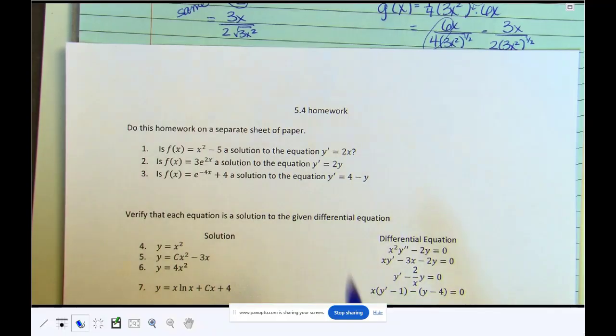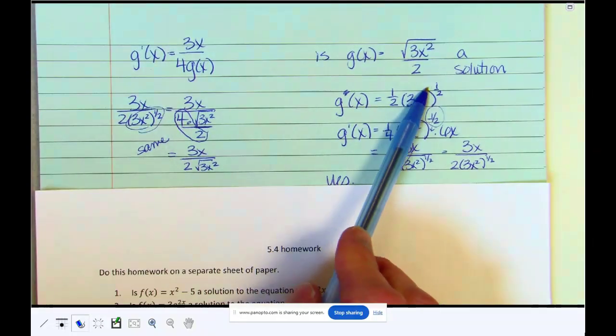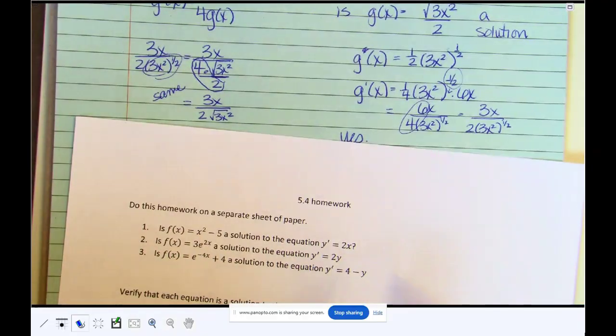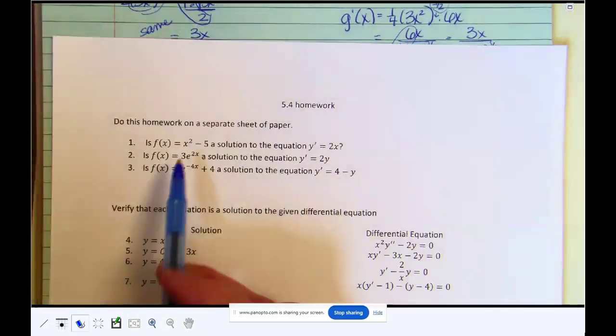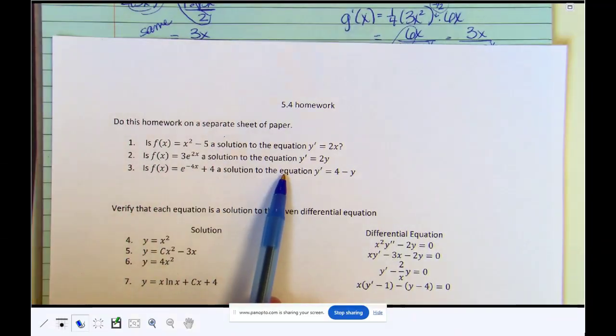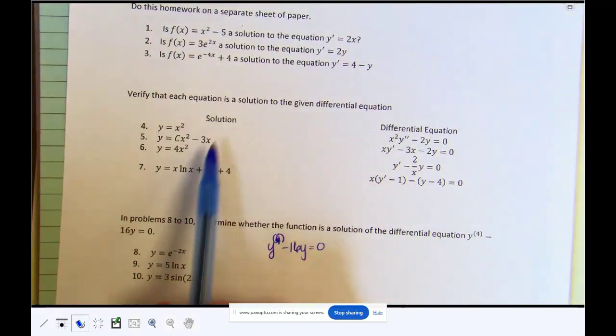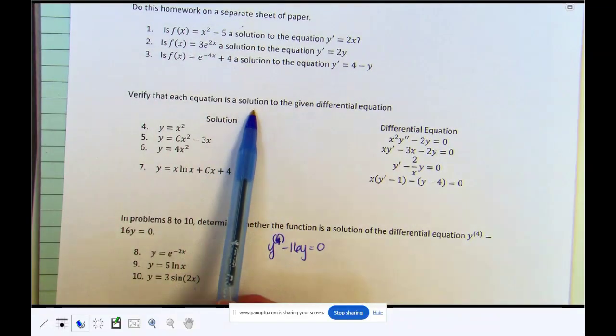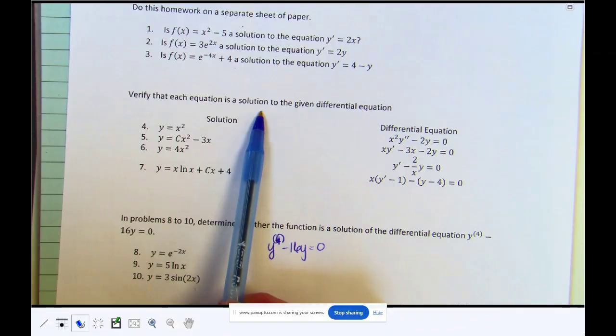So instead of me writing the differential equation first, I wrote the equation first. So you're still manipulating f of x to fit into here. So these guys are yes, no questions, just like we did in the notes. These 4 are verified. That means it has to work. It has to work, but you just have to show that it works.